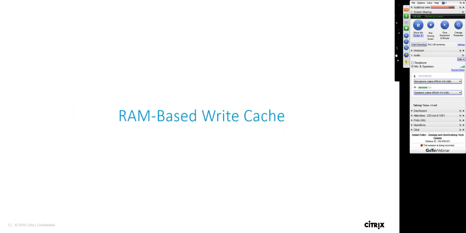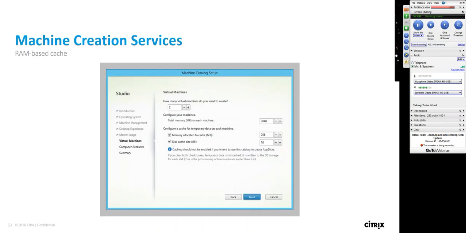But really, what we look at next is the write cache, the writes going to disk. So now there's a RAM-based write cache. Within MCS, as part of the configuration, you can now specify how big your disk cache should be and how big your memory cache should be.